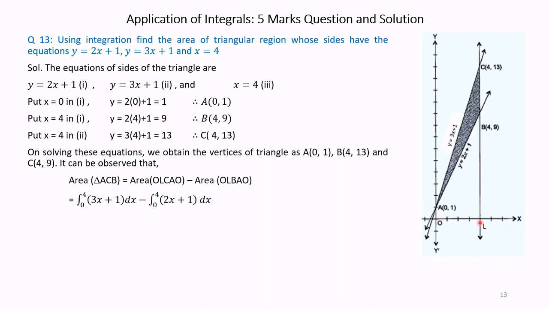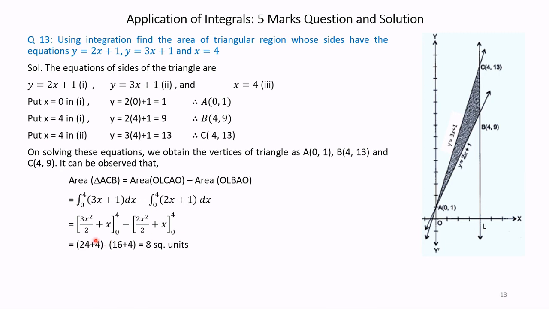The limit is the same for both the integrals. (2x plus 1) dx, this is the outside of the shaded portion. Therefore, integrating, we get 3x is, integral of 3x is 3 into x square by 2, plus integral of 1 dx is x, from 0 to 4, minus the integral of 2x dx is 2x square by 2, plus x. That is limit 0 to 4.